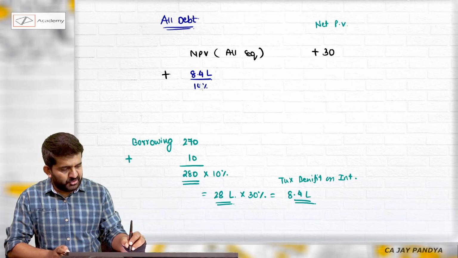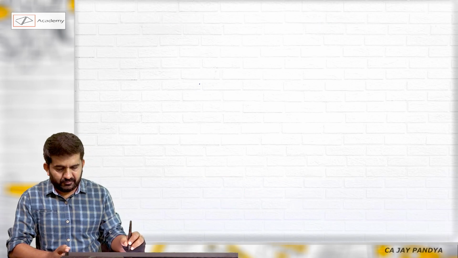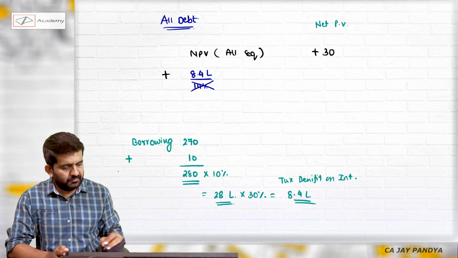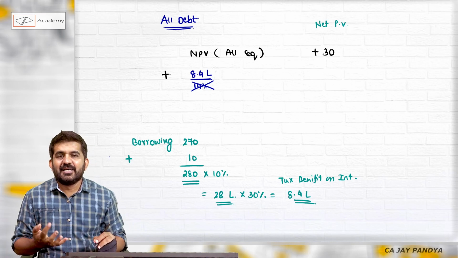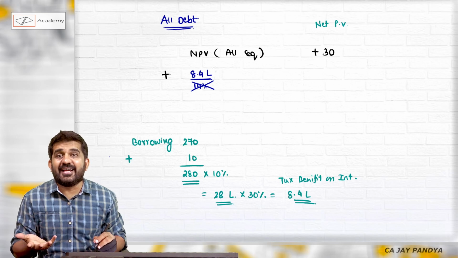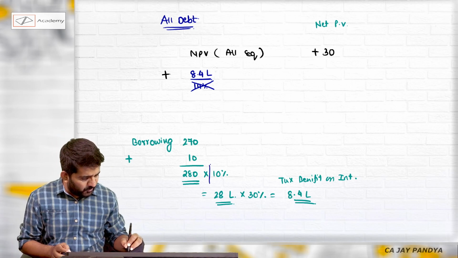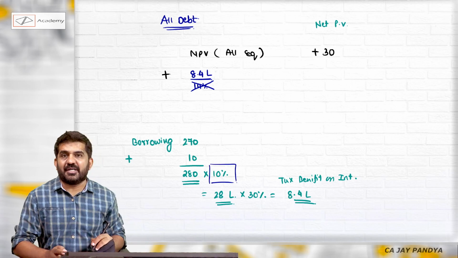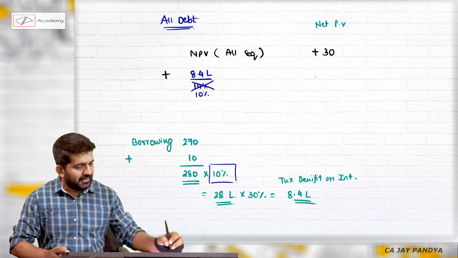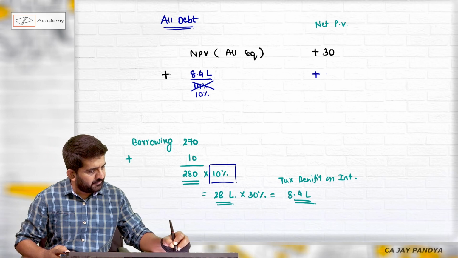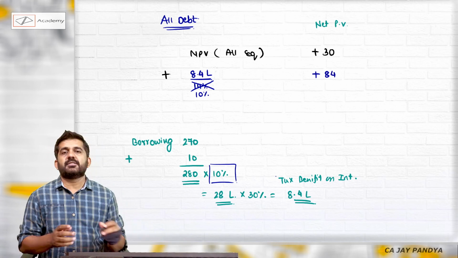The answer is no. Why? Now I am talking about interest. Now I will be raising debt where the cost of debt is nothing but 10%. I will be discounting it by 10%, which is nothing but 84 lakhs.